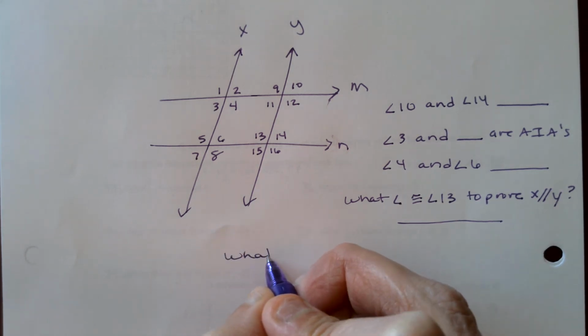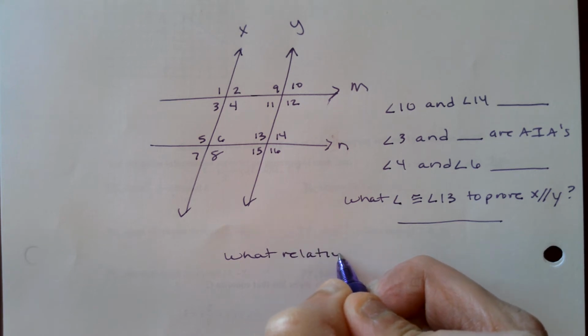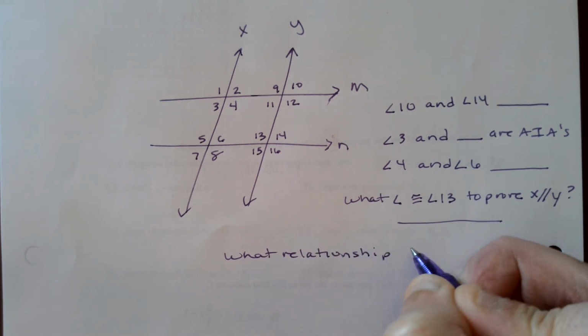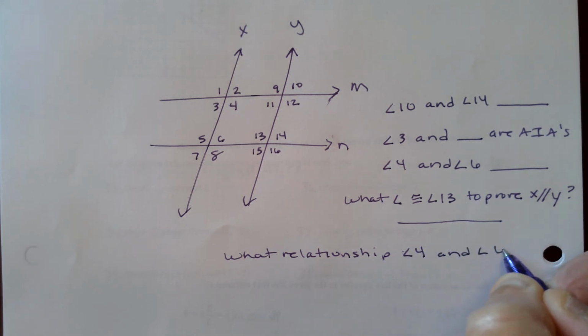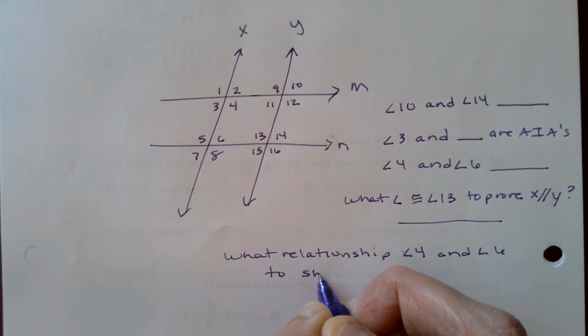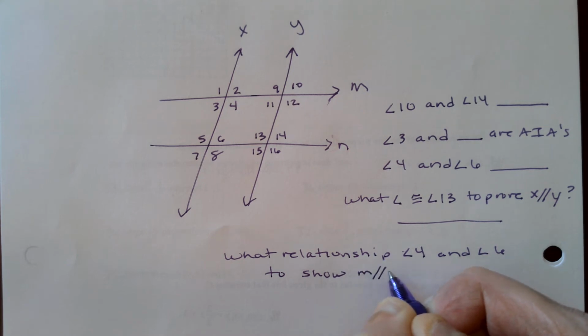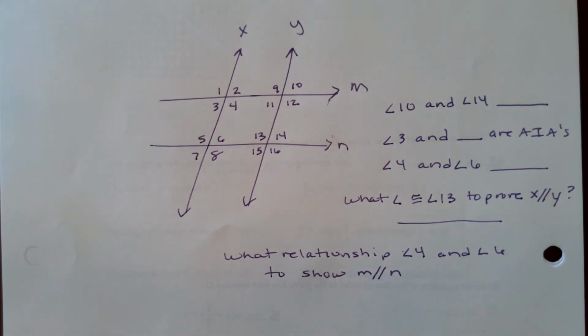And what relationship do angle 4 and angle 6 have to have to show m is parallel to n? Okay, I abbreviated a little bit, but that's what we're doing. So you can pause it, try those.